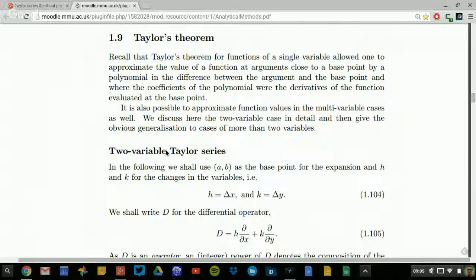evaluating the function f at, let's change the variable to u, the summation from i equals 0 to infinity. It was a polynomial in the variable u, and the coefficients came from the ith derivative of f evaluated at 0, divided by i factorial.